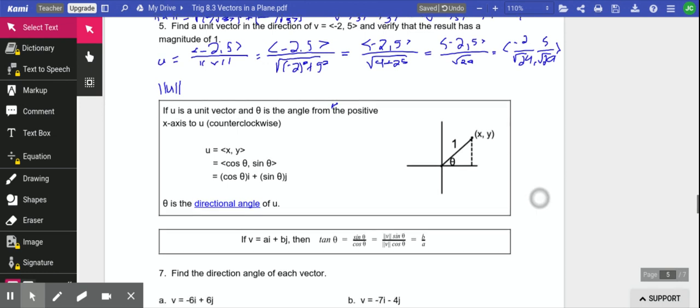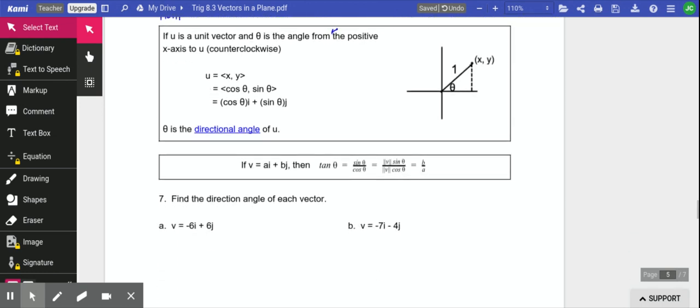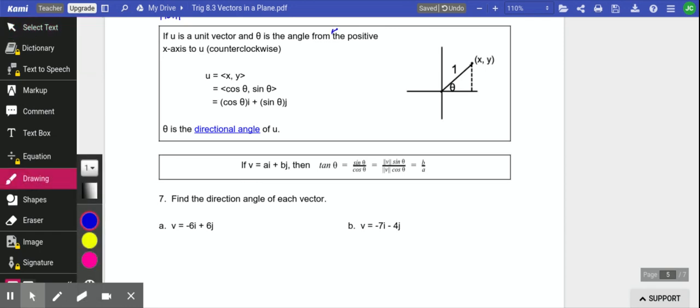All right, so if we have a unit vector, let's say we have this unit vector u, and it has components x and y. So it ends at this coordinate xy, which means it's x this direction, y this direction. It is pretty easy to see that cosine, remember cosine is adjacent over hypotenuse, so the cosine of theta is x, and the sine of theta is y.